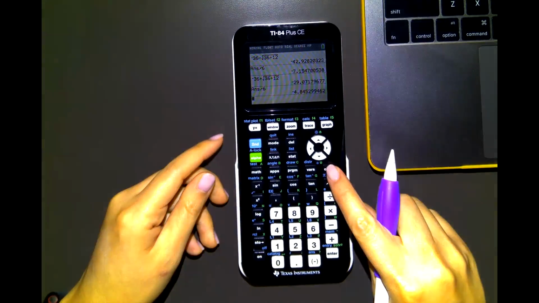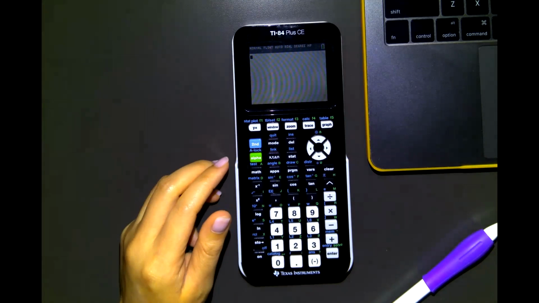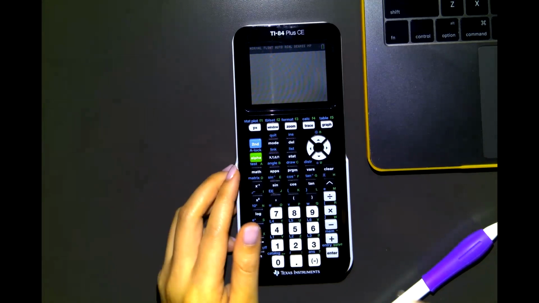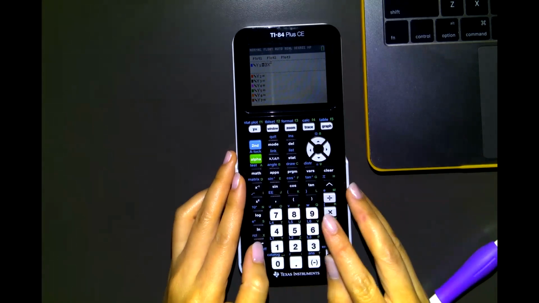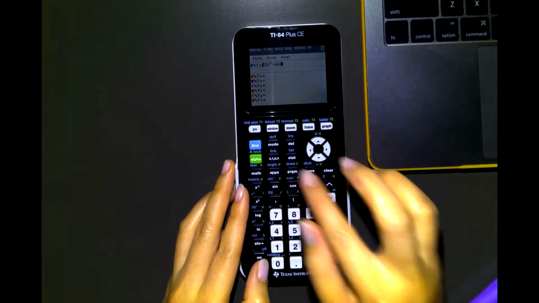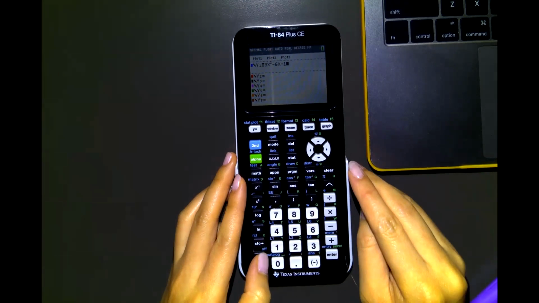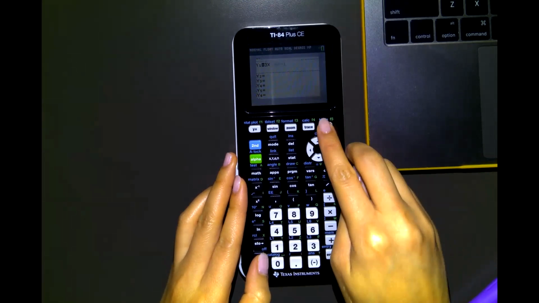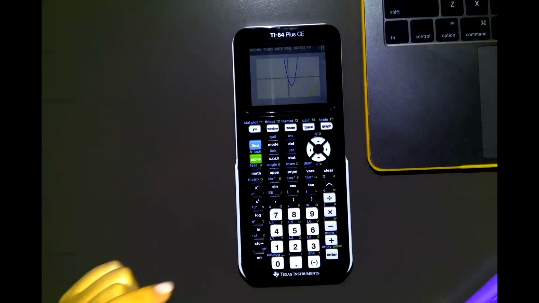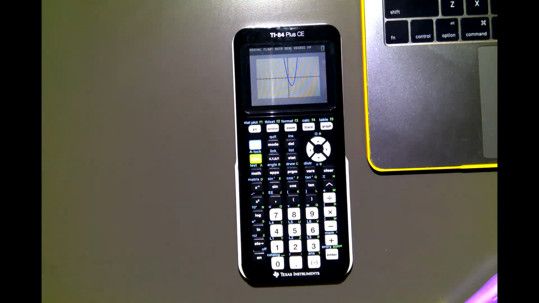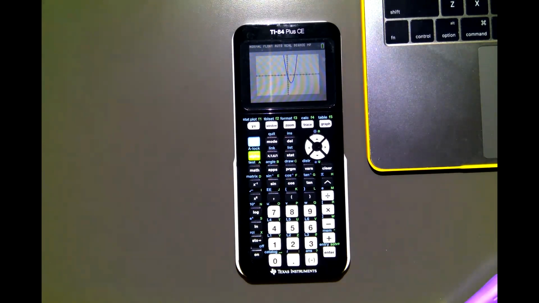So y equals 3x squared minus 6x minus 1, and then just hit graph. Please practice graphing it on the sheet, because on the exam I do ask you to plot the points, but you can check with your calculator to see if you got it right or wrong.